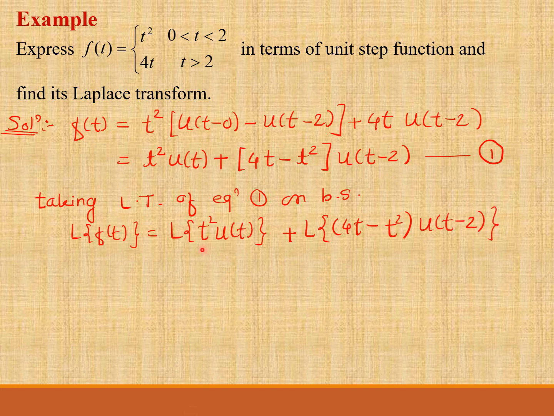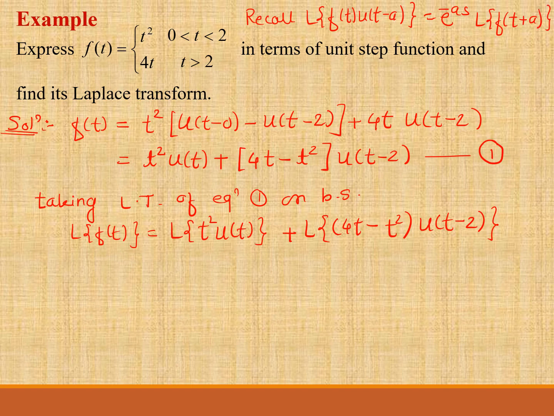So this is something like f of t into u of t, and this is like f of t into u of t minus a. So you just need to recall: Laplace of f of t into u of t minus a is e raised to power minus as into Laplace of f of t plus a.